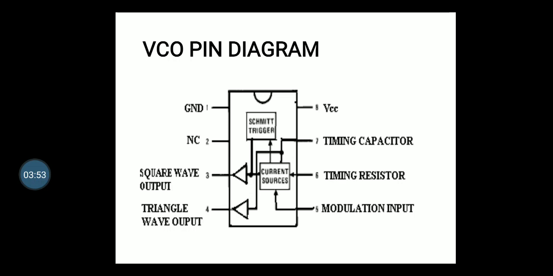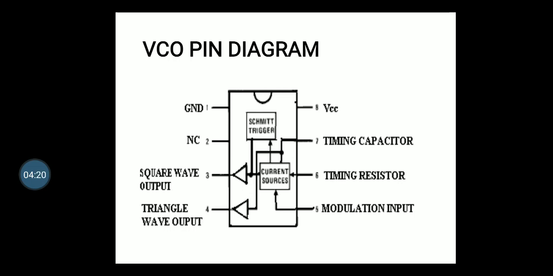The voltage at pin 6 is held at the same voltage as pin 5. Thus, if the voltage at pin 5 is increased, then the voltage at pin 6 also increases, resulting in less voltage across RT and thereby decreasing the charging current. The voltage across capacitor CT is applied to the inverting input terminal of the Schmitt trigger A2 via buffer amplifier A1.